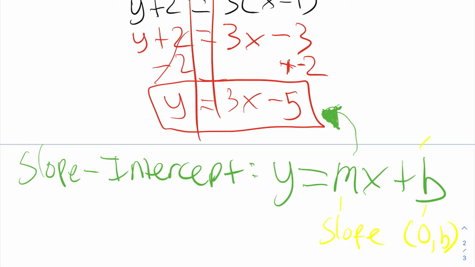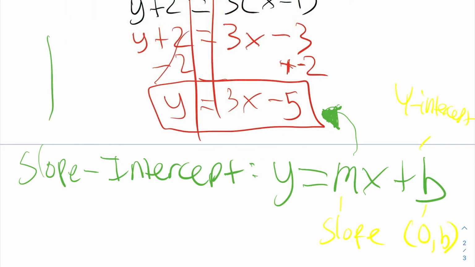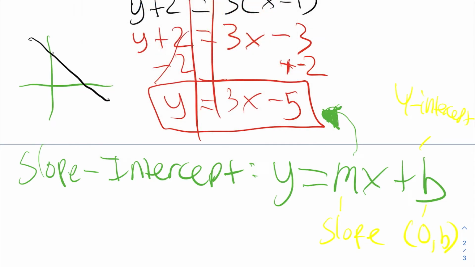So m is our slope, and we know that this is our y-intercept. However you want to think about it, if you want to think about it as x is 0, y is b, or if you just want to think about it as the y-intercept, if I draw a graph, that's where my line crosses my y-axis.